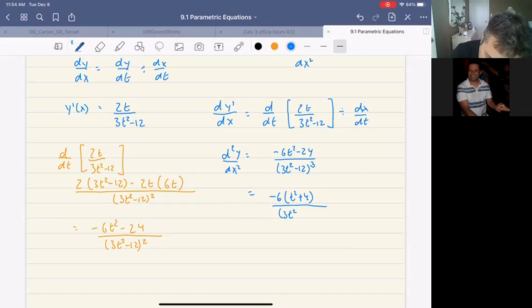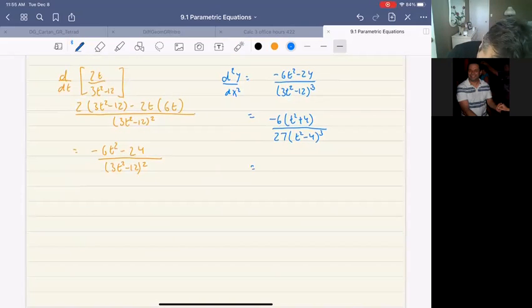Let's factor out the 3. When I factor out the 3 here, that's going to be 27, and then I have t squared minus 4 cubed. t squared minus 4 is t plus 2 times t minus 2.